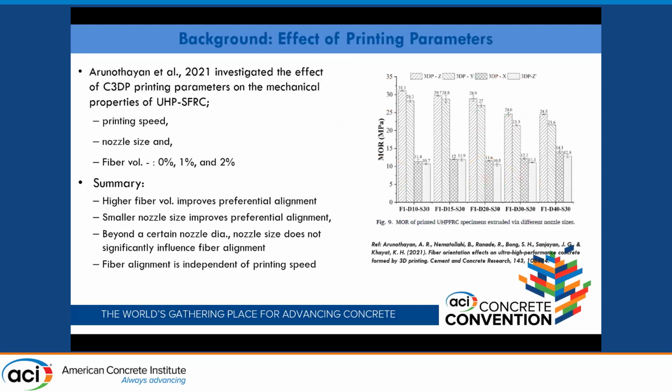Another study has also investigated the effect of printing parameters while using steel fibers as a form of reinforcement. This study shows that you can actually improve your fiber alignment during the construction 3D printing, which improves your mechanical performance as well.